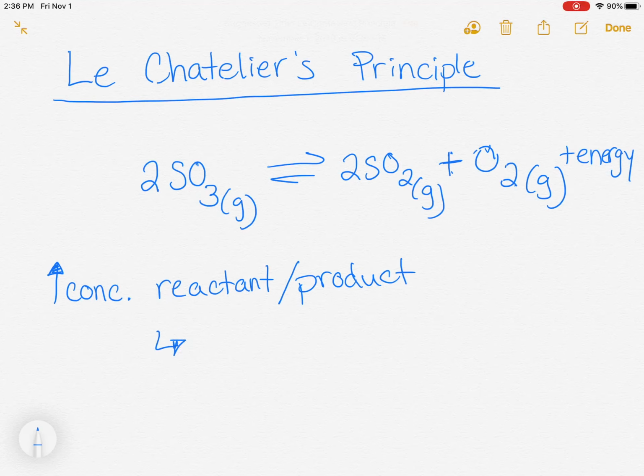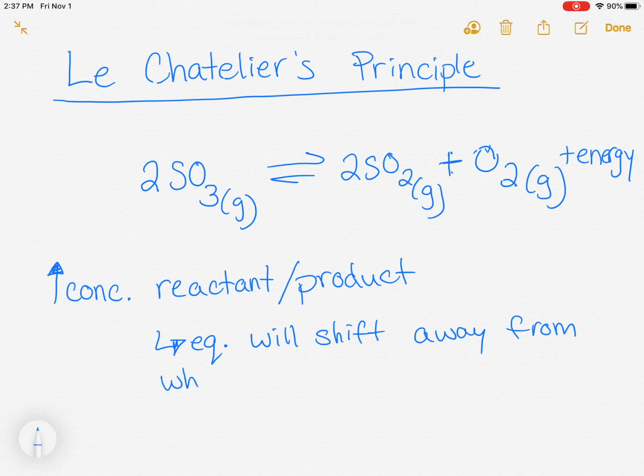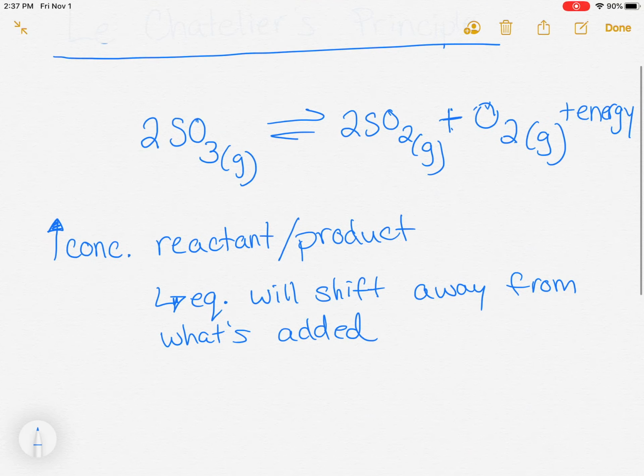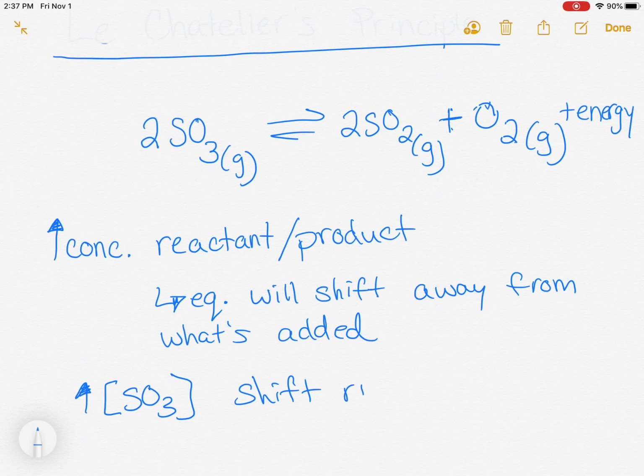So equilibrium will shift away from what's added. What that means is that if we increase the concentration of SO3, we're going to shift away from the SO3, so we're going to shift to the right.